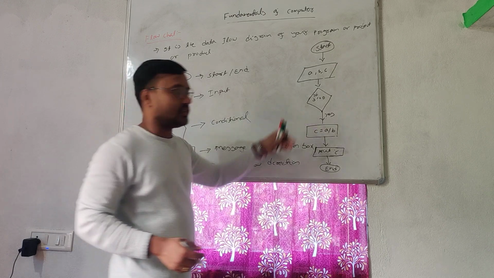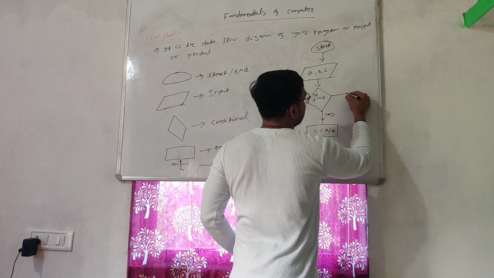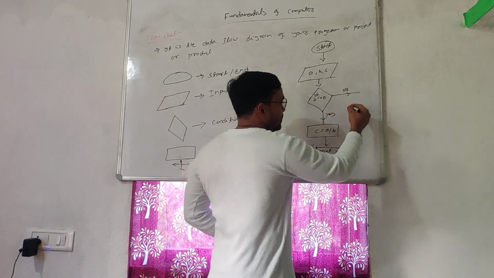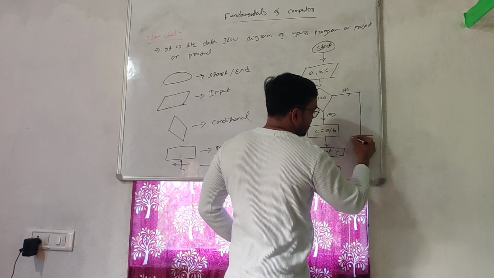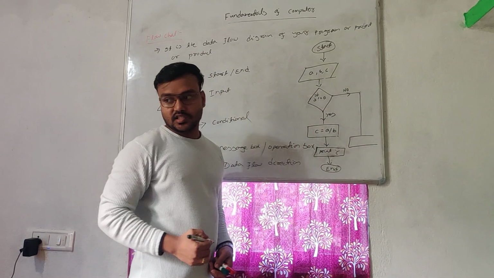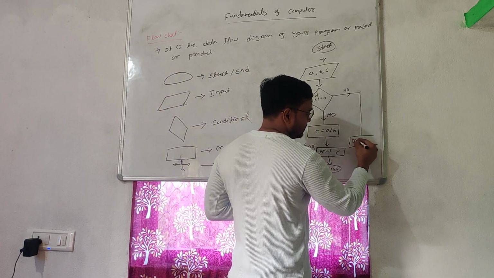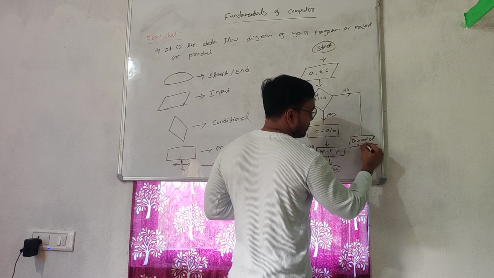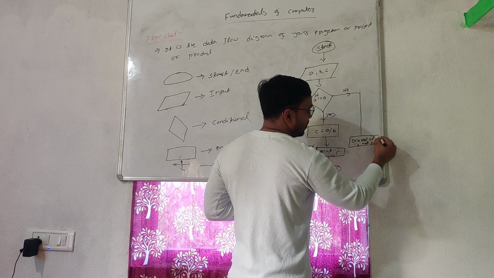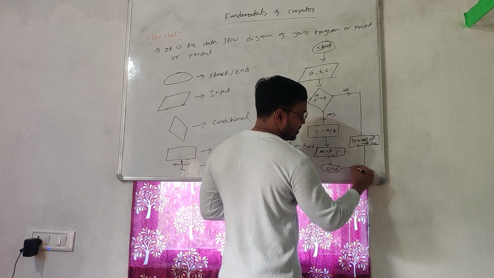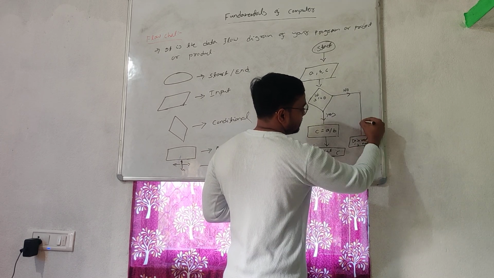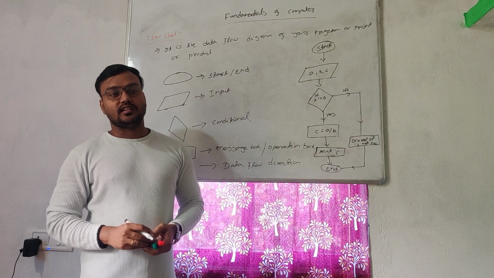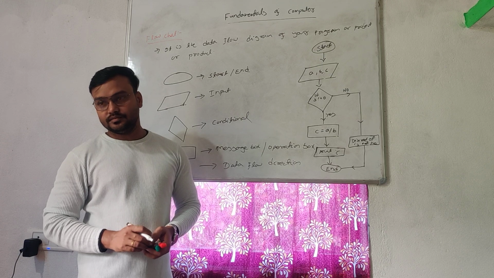If the condition is false, in case of the no flow, what will I do? I will simply give a message that the desired operation is not possible. Then it will simply come to end. Okay, this is the data flow diagram for my division operation. Clear? Okay.